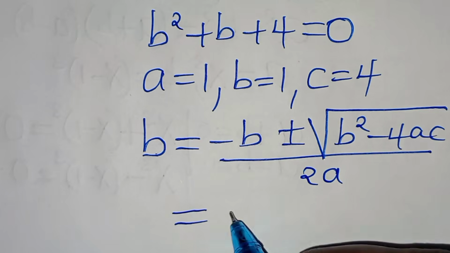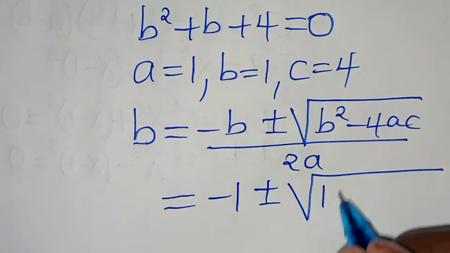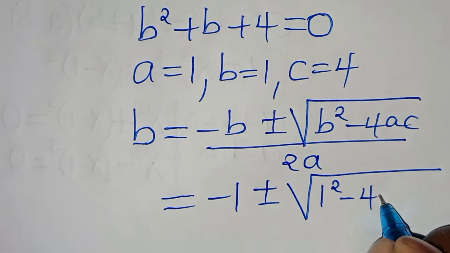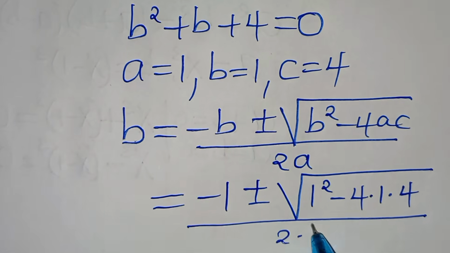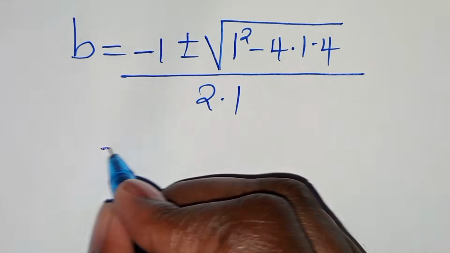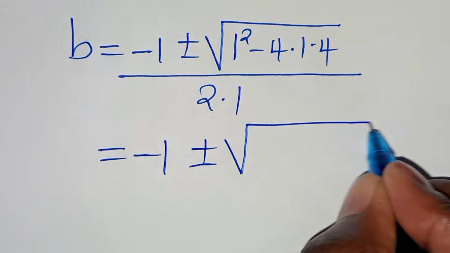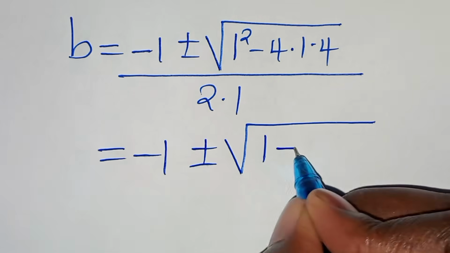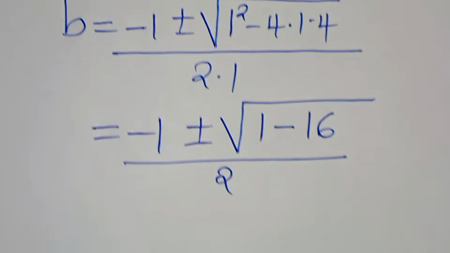So this is equal to minus 1 plus or minus the square root of 1 squared minus 4 times 1 times c, which is 4, then divided by 2 times 1. Now this implies that we have minus 1 plus or minus the square root of 1 squared, this is 1, minus 4 times 4, this is 16, divided by 2.